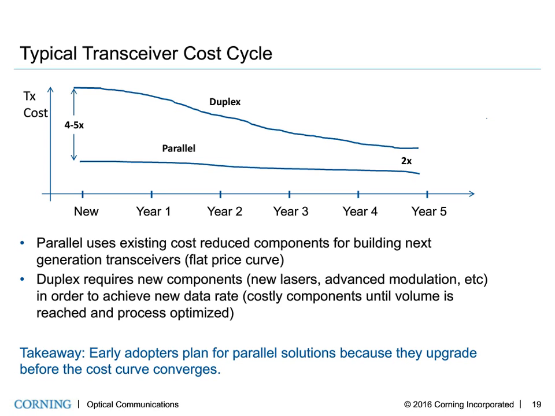If I was going to try to do that over 2 fibers, I had new sources operating at different wavelengths, and I had additional components that had to be introduced to combine those wavelengths over a single fiber. So parallel tended to be relatively cost-reduced when it was introduced to the market, while duplex tended to have a relatively steep cost curve.